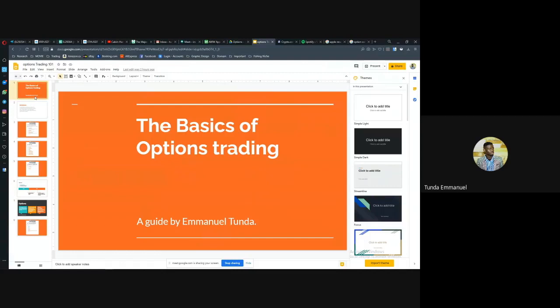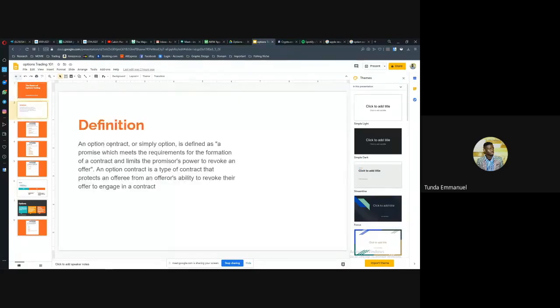So let's start from the basics. Starting with the definition of an option trade or an option contract.